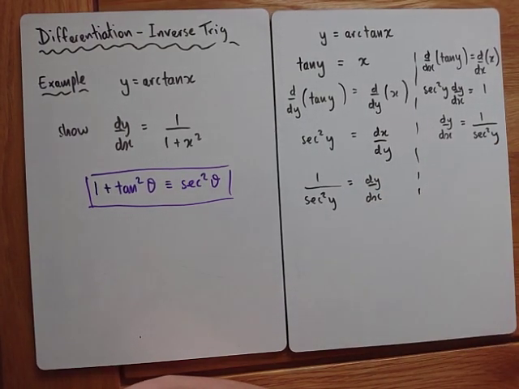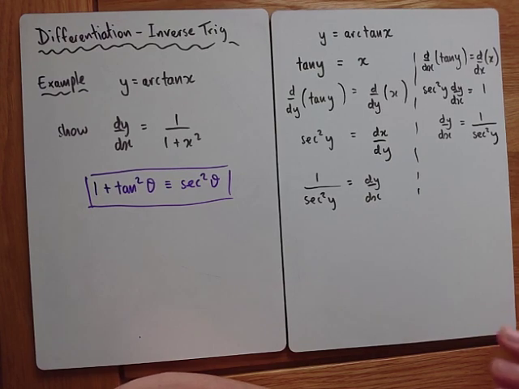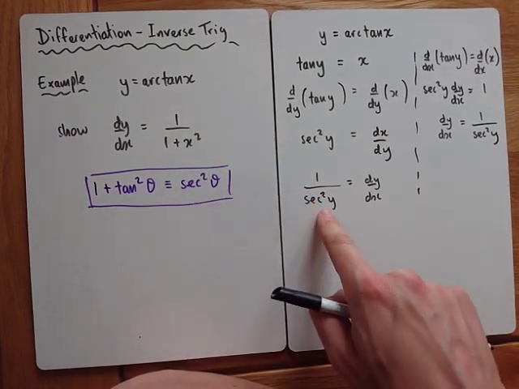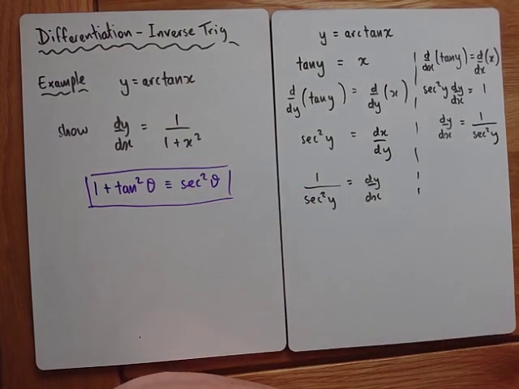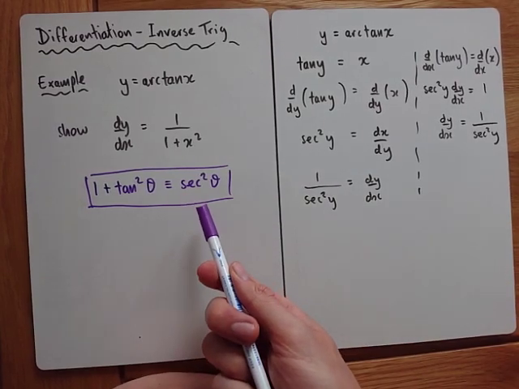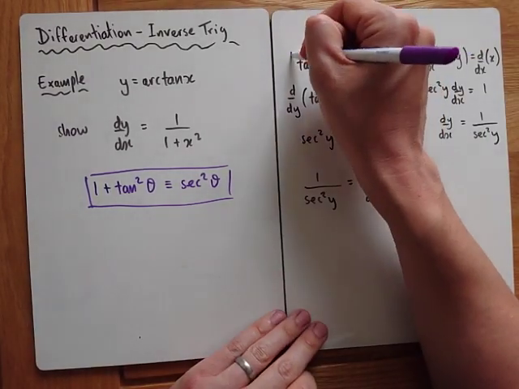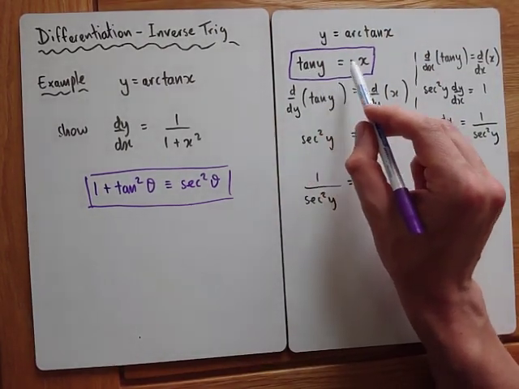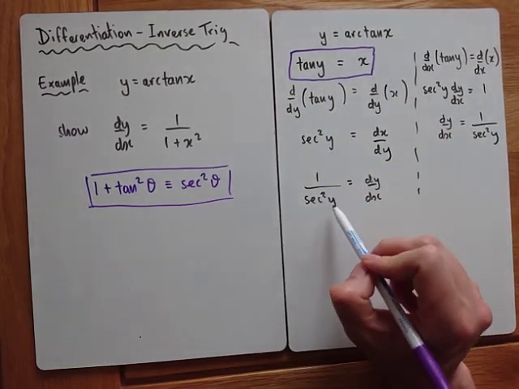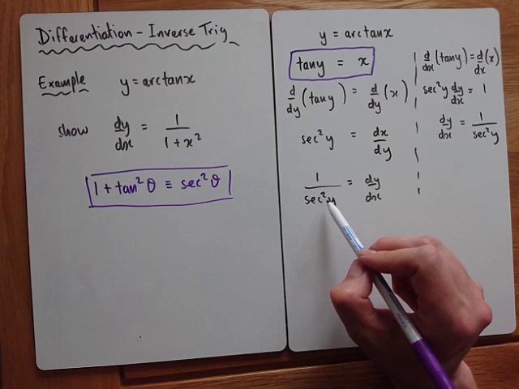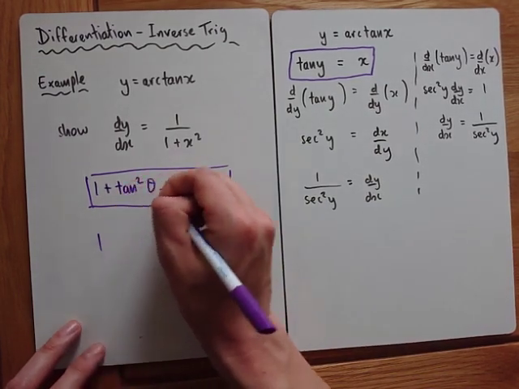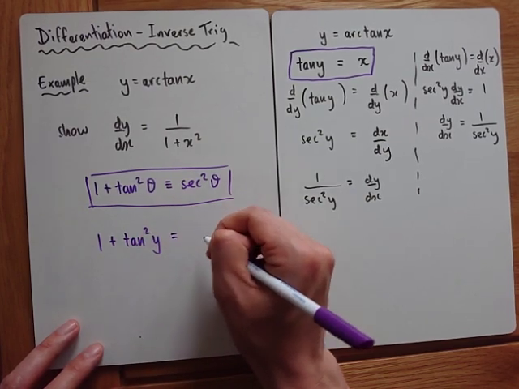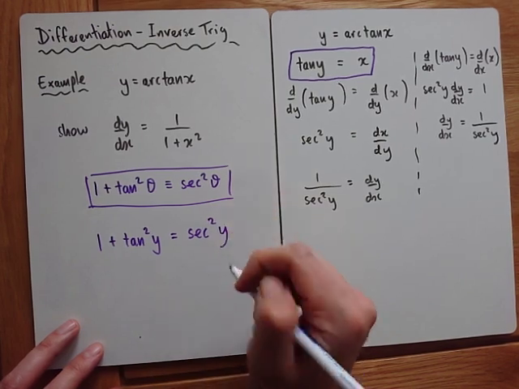So look again, once we've done that, we're almost there, but we've got that problem: the answer we want is in terms of x, and the answer I've got is in terms of y, and we have to use this identity to help us. So where's our link between the world of x and the world of y? That tells me that tan y is the same as x, but I haven't got tan y, I've got sec squared. So from this identity, 1 plus tan squared y would equal sec squared y.